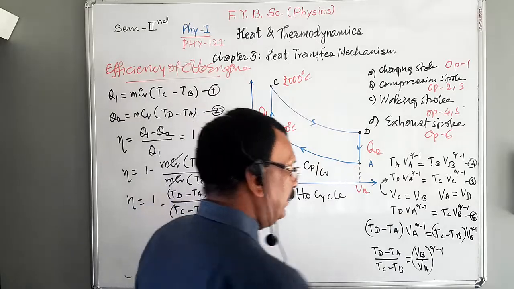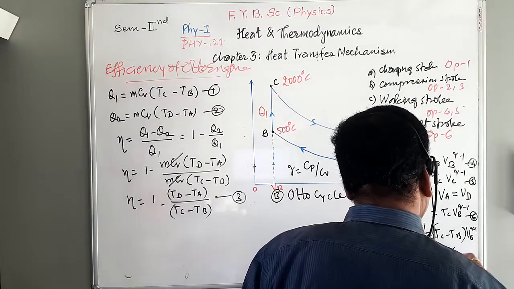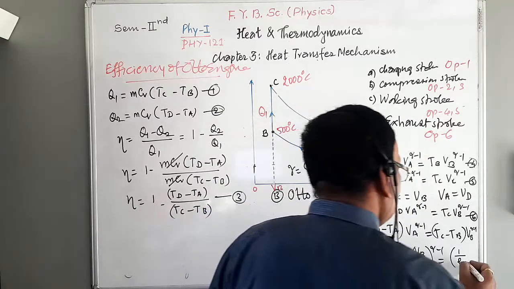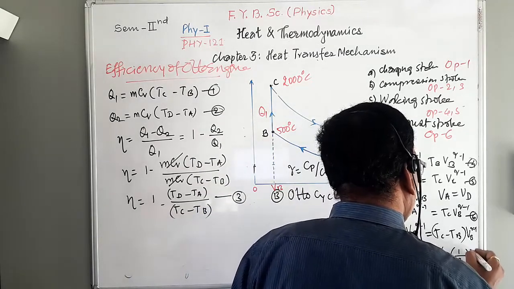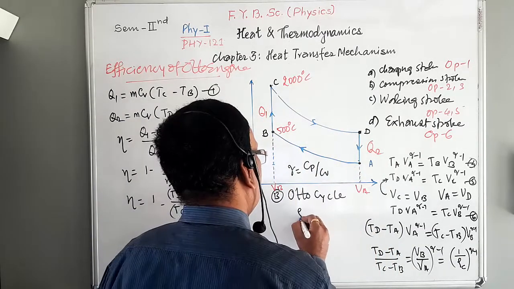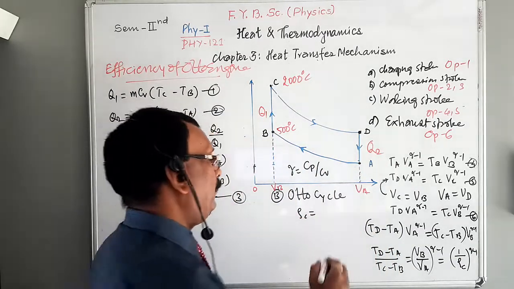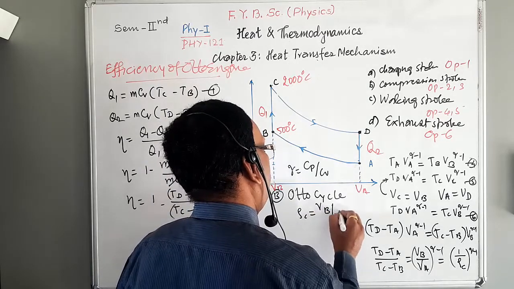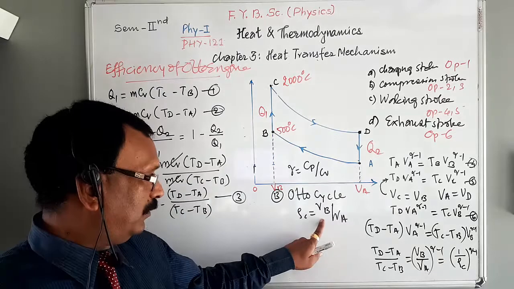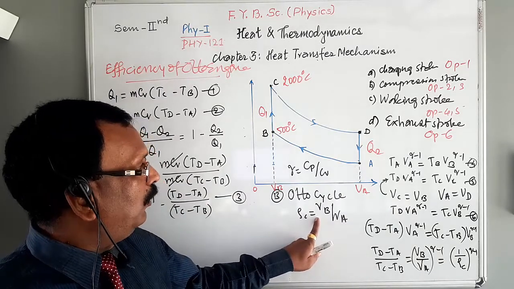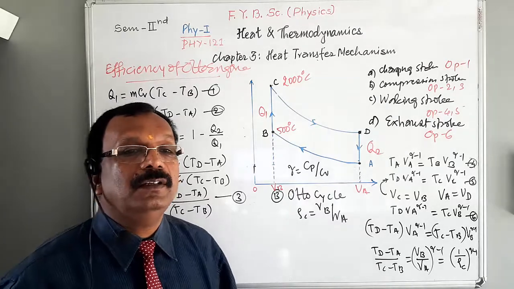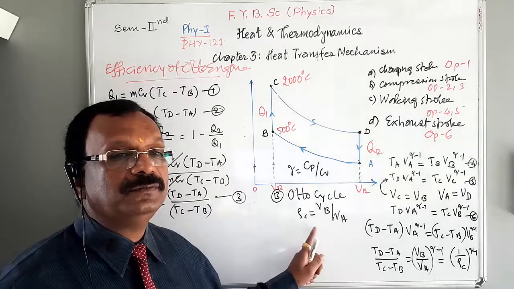Or simply we can write 1 upon rho C raised to gamma minus 1, where rho C is equal to Vb upon Va, that is the volume ratio, this is the compression ratio, volume changes. This is the adiabatic compression ratio.